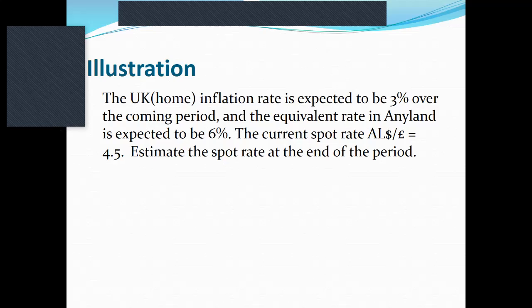Munir, what do you have? 4.63. Okay. The formula is 1 plus inflation in the price currency over 1 plus inflation in the base currency. We have the current spot rate equal to 4.5.